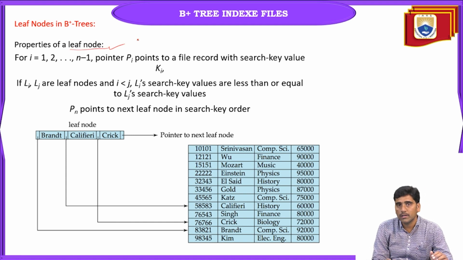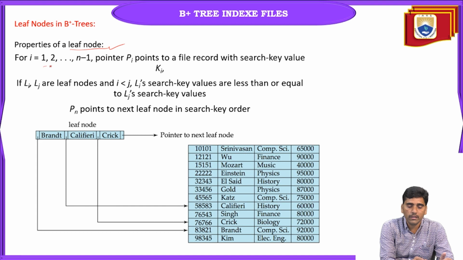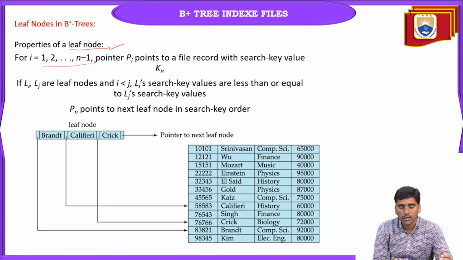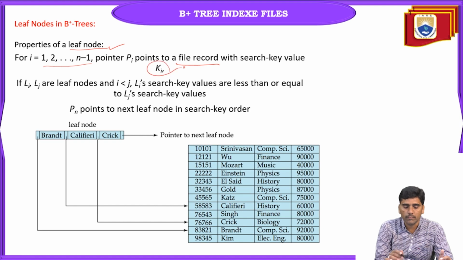So generally leaf nodes are the last nodes, the child nodes, which contain what? For i equals 1 to n minus 1, the pointer points to a file record with search key value Ki.